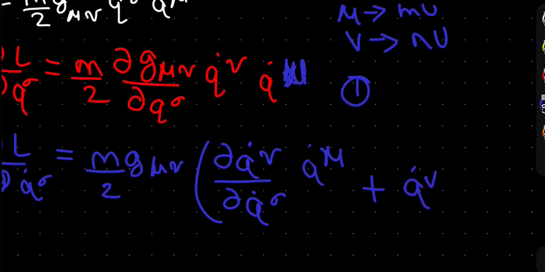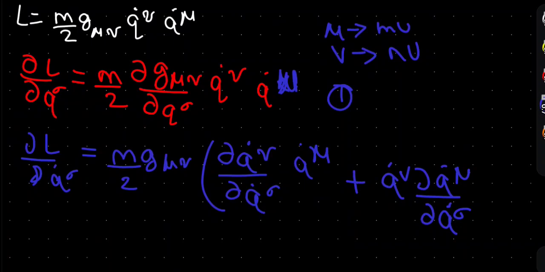This is the product rule for differentiation, so we get del q dot μ divided by del q dot sigma. As you can see, we have obtained two equations here. This is the second equation, and this is our first equation. First we took the derivative with respect to q sigma, then the derivative with respect to q dot sigma, and we obtained this equation.